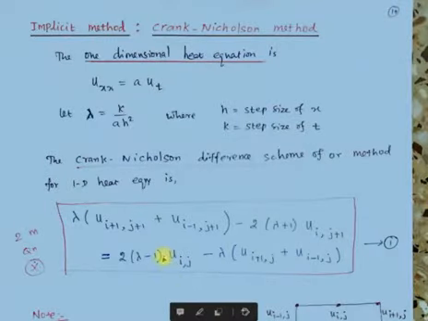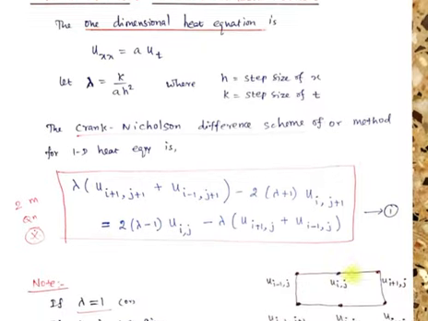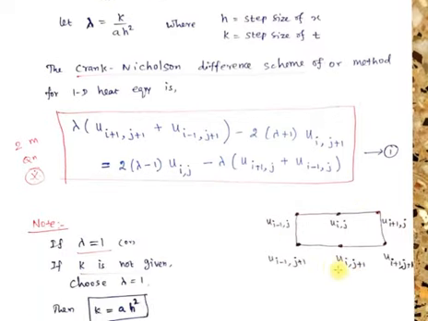The left hand side is fully in the j plus 1 row, the right hand side is in the jth row. Here the first one and the last one are multiplied by lambda, minus 2 times (lambda plus 1) into the middle one, is equal to 2 times (lambda minus 1) into u(i, j), or it can be written as 2 lambda minus 2.